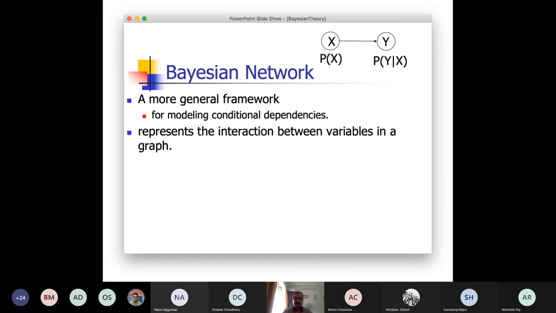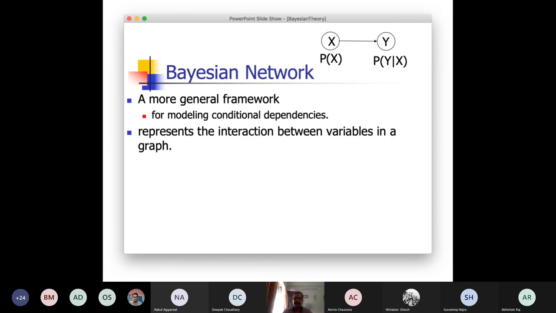Now, one of the limitations of naive Bayes classification is that you are assuming that the likelihood of your attribute sets for a class are conditionally independent. So within a class, their likelihoods are independent. Now, this conditional dependency or independence can be better captured in a more generic form in a Bayesian network.